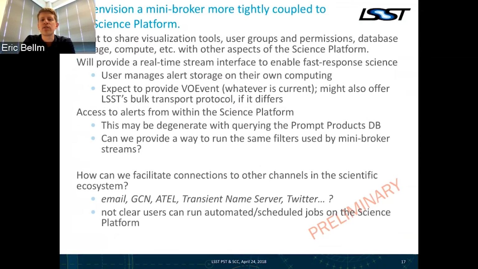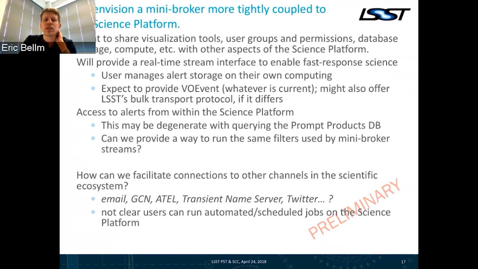So we will provide a VO event stream for MiniBroker output. We are going to be discussing the bulk transport scheme with the VO, and so it may be that these are so close as to be identical, but that's to be resolved. So the stream is one interface.